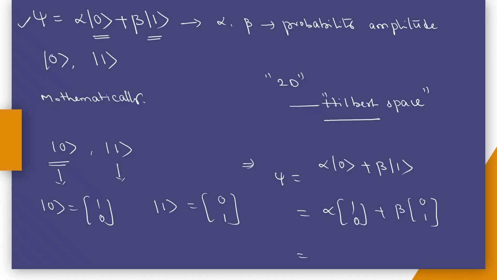That gives alpha into 1, alpha into 0, plus beta into 0, beta into 1, which can be represented as alpha and beta. Therefore, the qubit can be written as the vector alpha beta. We can simplify the total qubit with the help of vector and state representation, so psi is equivalent to alpha and beta.